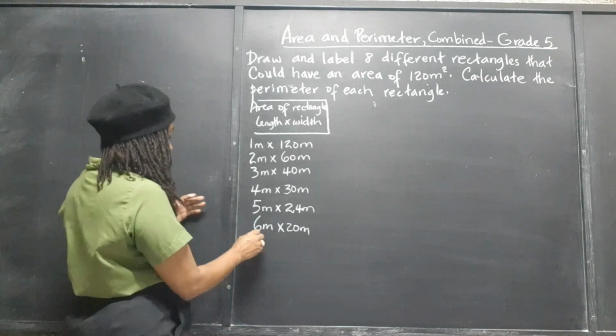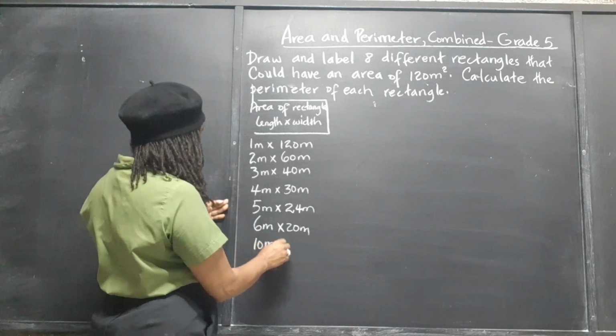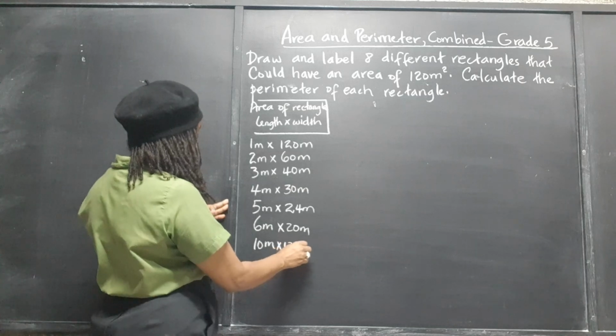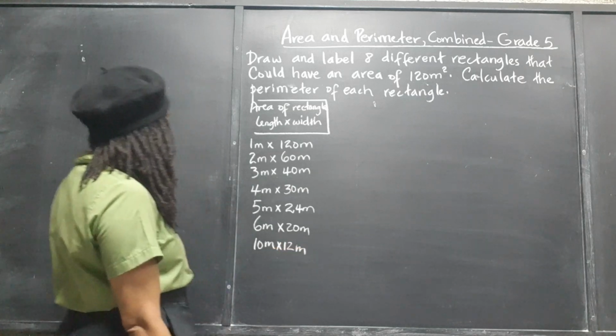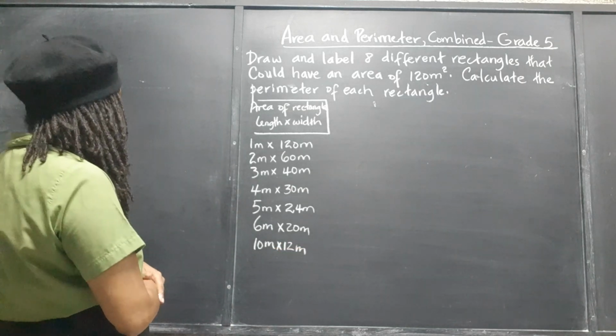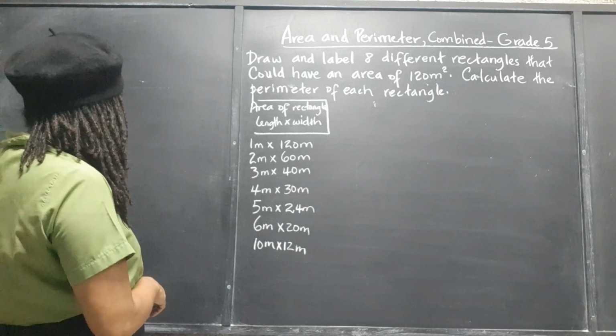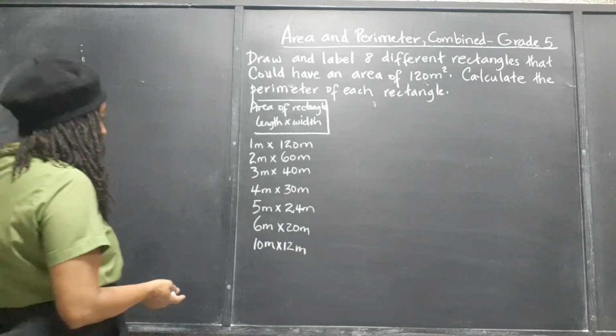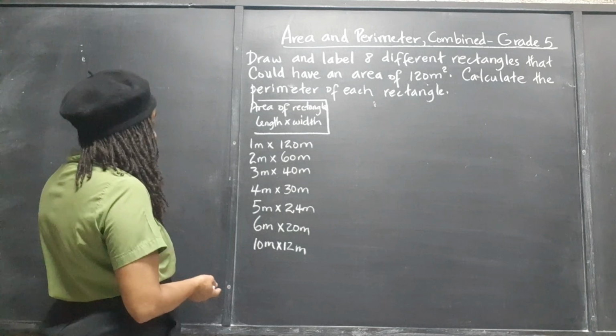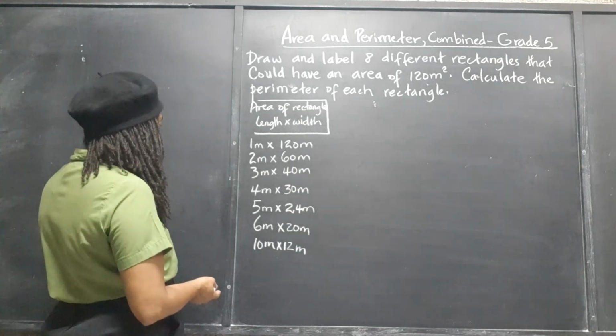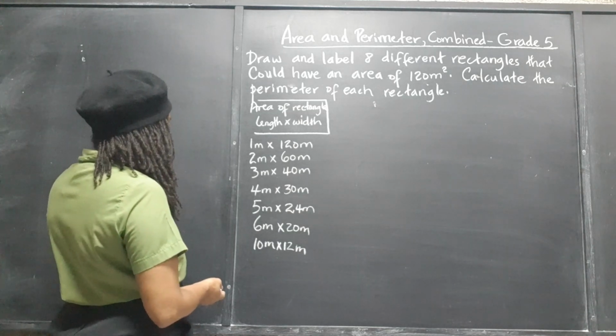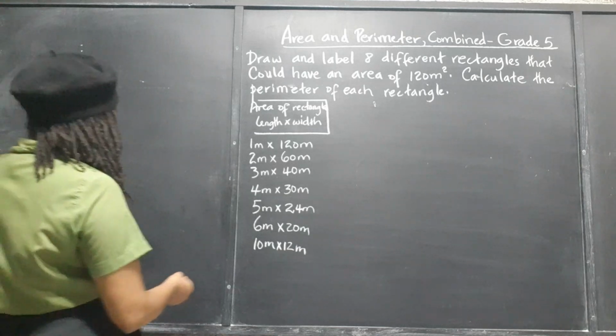10 can go into 120, 12 times, and what else can go? 15 can go into 120. How many times can 15 go into 120? So that will be, I think, 8 times.